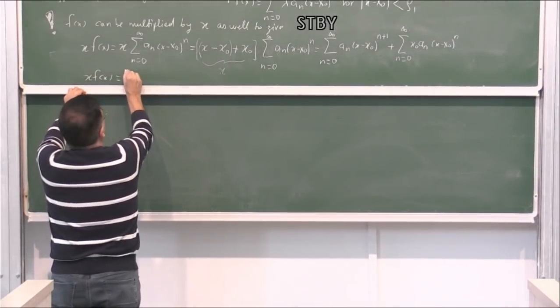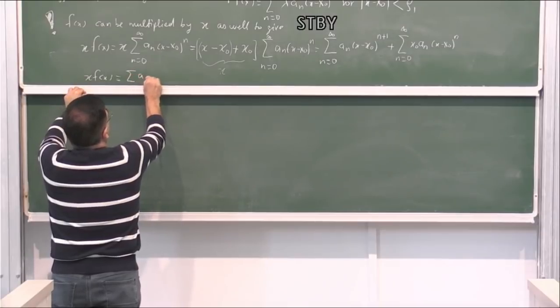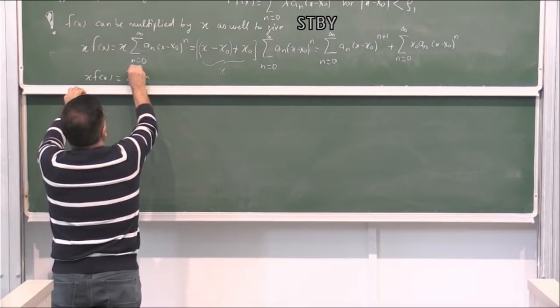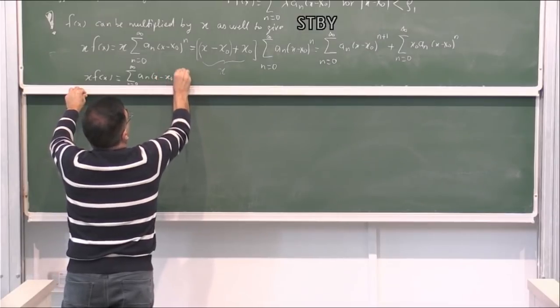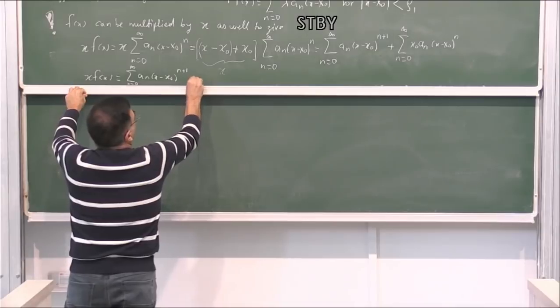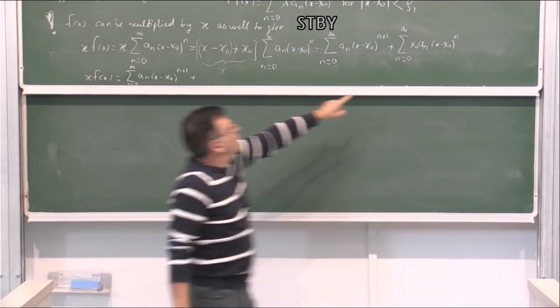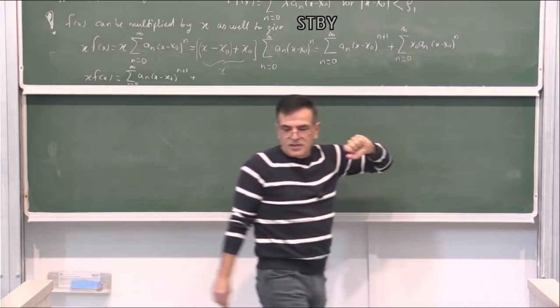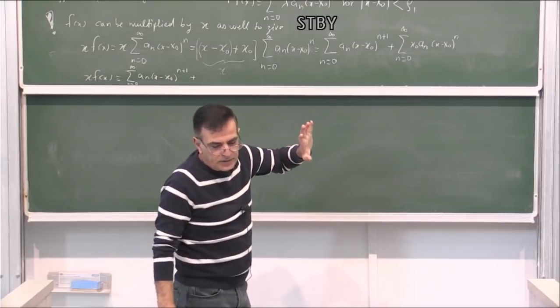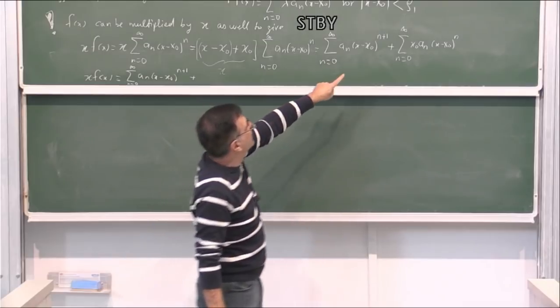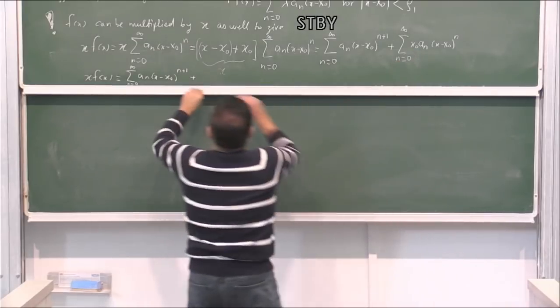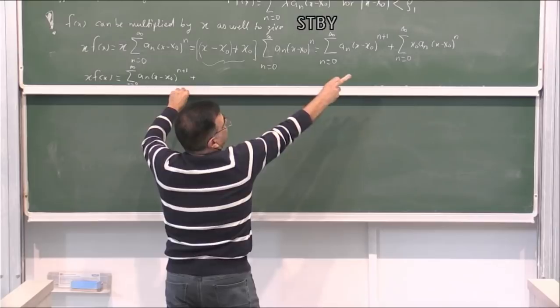Look, actually, we have this series, first series an x minus x0 to power n plus 1. Let us write this series, but let us write the series writing the first term separately.